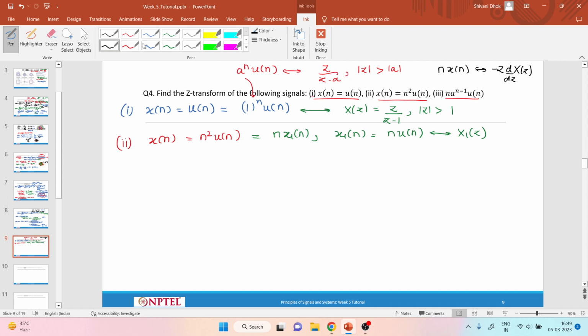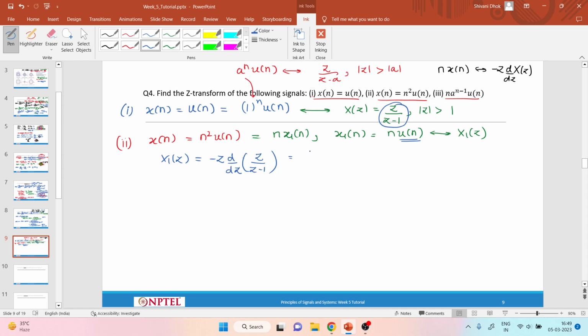The z transform of x1 of n is simply x1 of z, equal to minus z into d dz of the z transform of this unit step function, which is given here, z upon z minus 1.